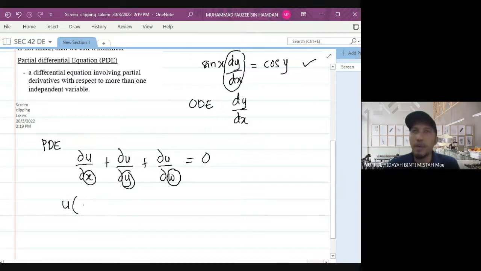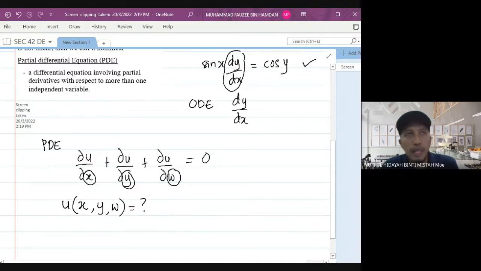So we try to find the solution, the function u in terms of x, y, and w. We have more than one independent variable, in this case three, so we call our equation a partial differential equation.